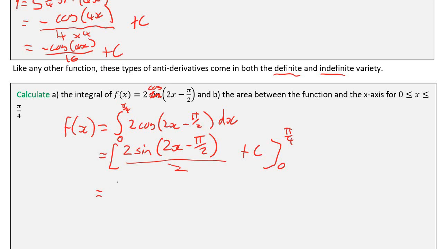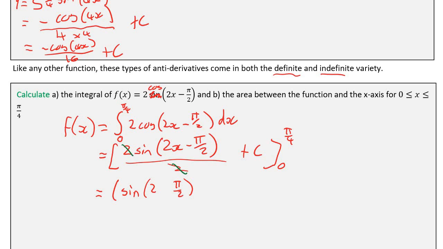Equals sine of 2 times, the 2 on top and the 2 on bottom cancelled out. So sine of 2x minus pi on 2. But instead of x, what am I subbing in?